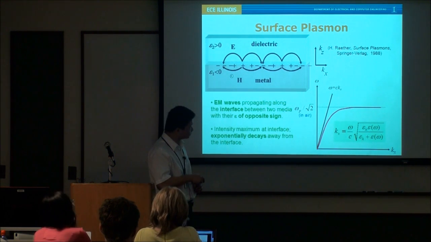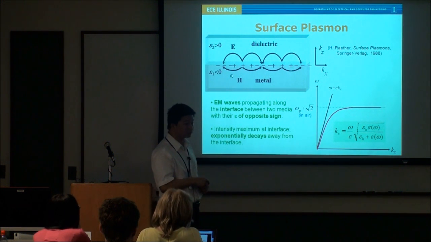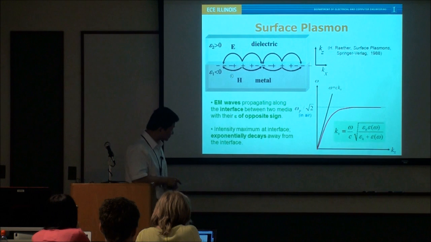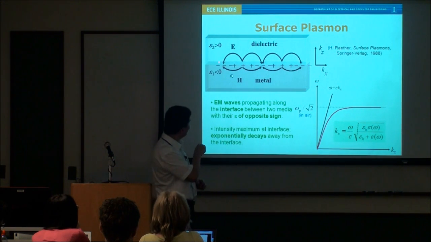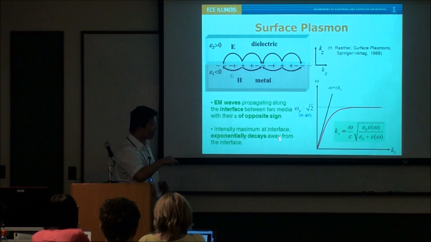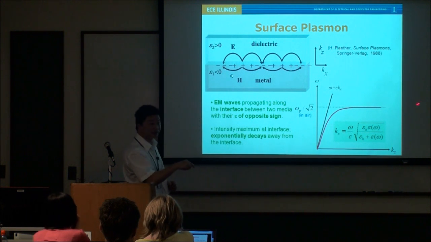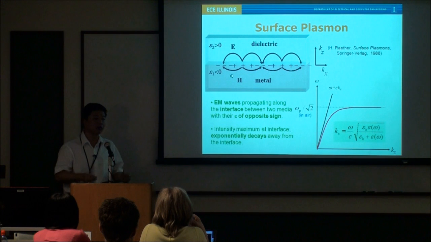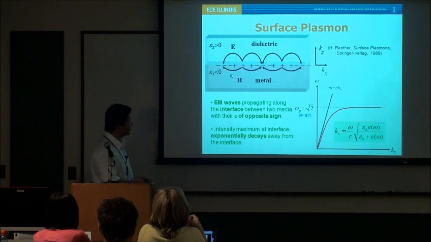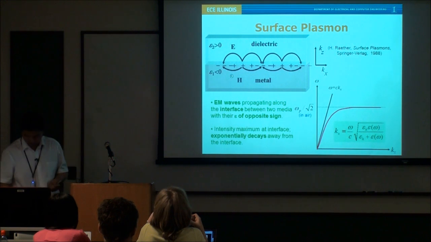Yes, but I'm just saying the red curve, is it asymptotically approaching omega p divided by square root of 2? Yes, for this case, that's the case. Your plasmonic dispersion relationship will reach that limit. But this is not the case for other nanostructure plasmonic cases. This is only for this thin film surface plasma wave.